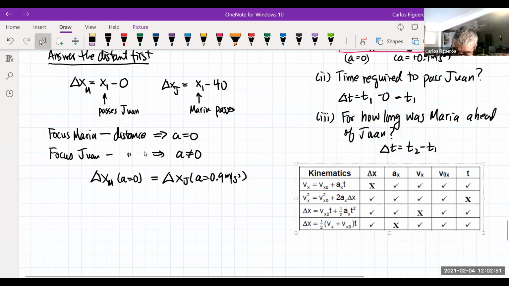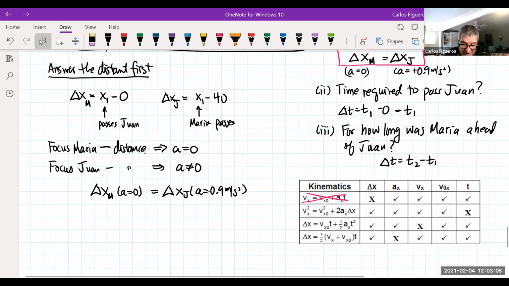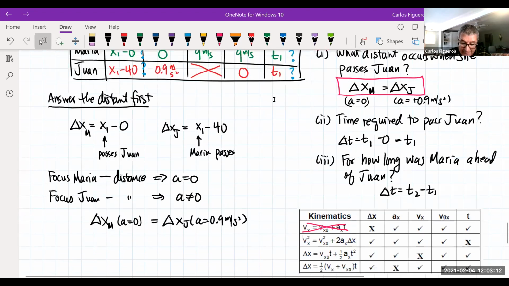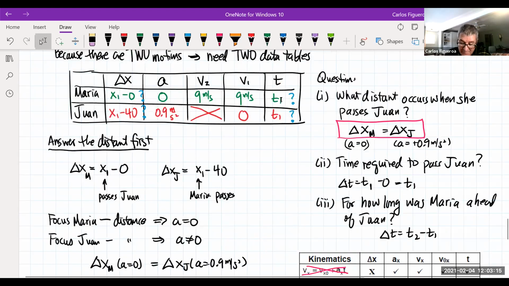If I focus on Maria, the first equation doesn't have distance, so that immediately tells me this equation is not even possible. Now, if I look at my kinematics table, I have everything except time.